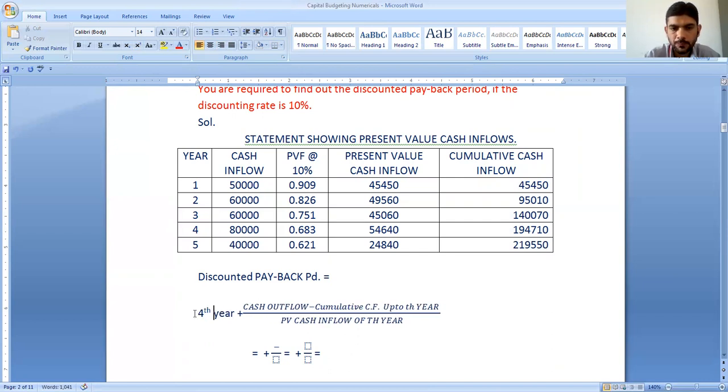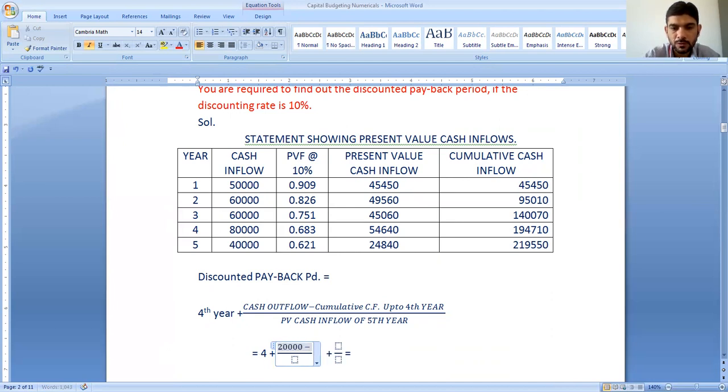So we will be having the fourth year plus cash outflow minus cumulative cash flow up to the fourth year, divided by present value cash inflow of the next year, that is the fifth year. So we can apply the values in this formula. 4 plus, for the numerator we are having cash outflow.